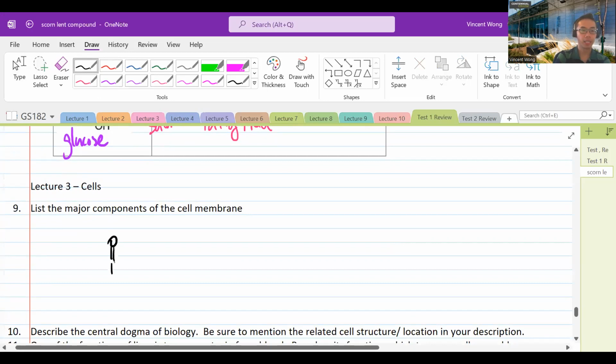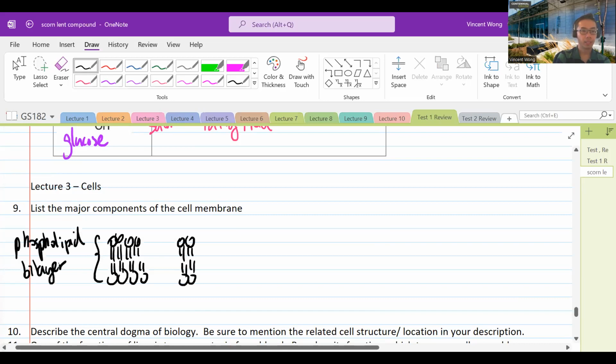We have the phospholipid bilayer, right? Okay, and the hydrophobic tails are in between, whereas the hydrophilic heads are on the outside, right?